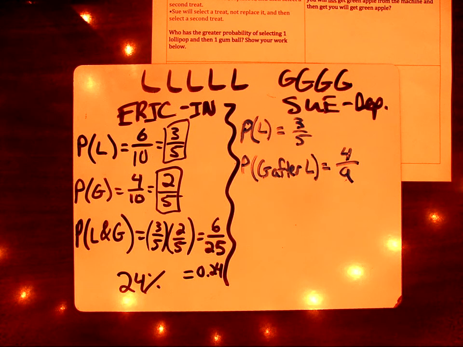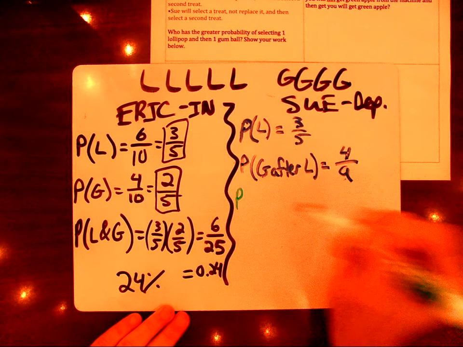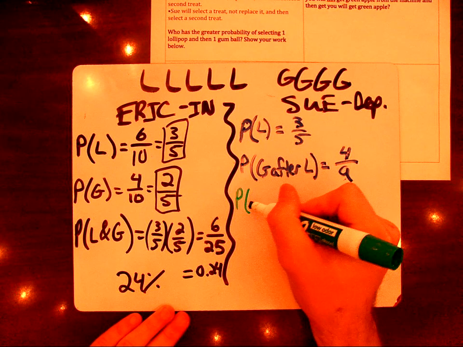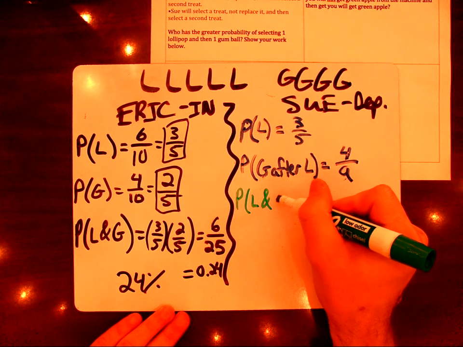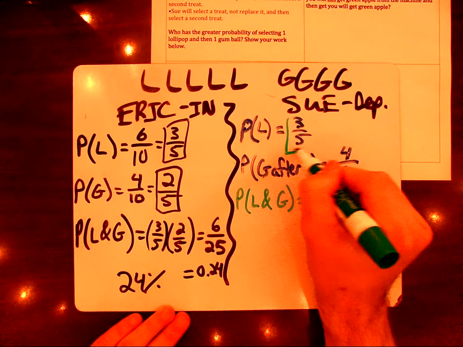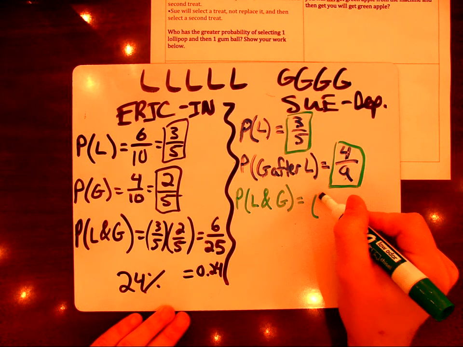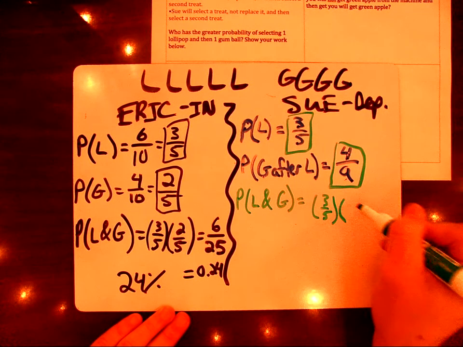Lastly, multiply these two together. The probability of picking a lollipop and a gumball, again this is for Sue, so it should be a little different, and you can notice that by these two fractions. Multiply 3 over 5 times 4 over 9.